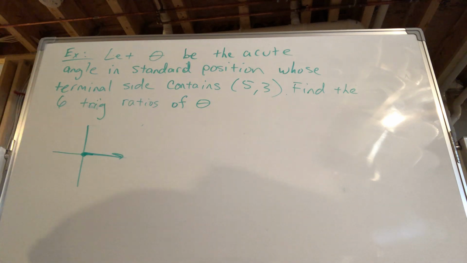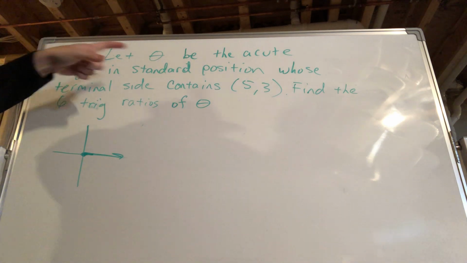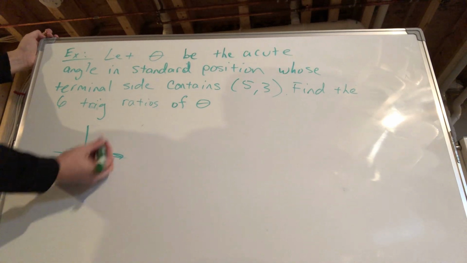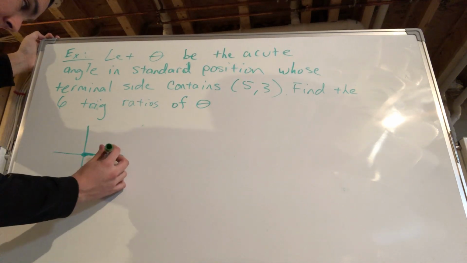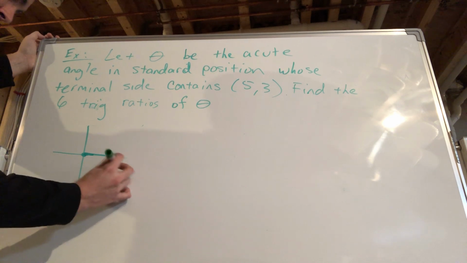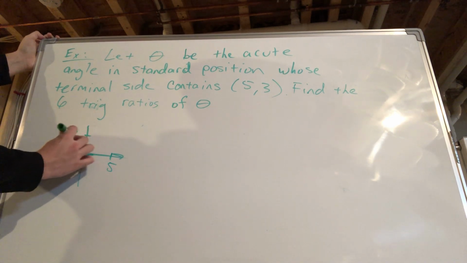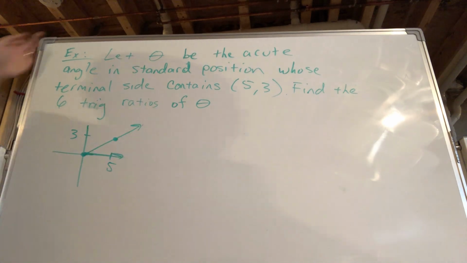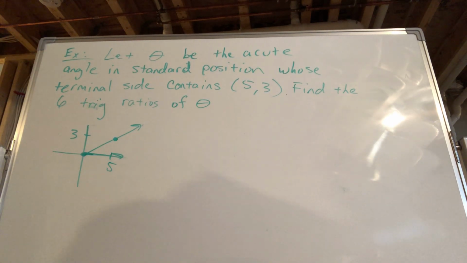Now, I also know my initial side is right here, my vertex is here. I need to know where my terminal side is. So if we're talking about it has to contain the point 5,3, well, the point 5,3 is going to be somewhere in the first quadrant. That means you go over 5 and let's just say up 3. So this right here would be my terminal side. It's going to contain that point. Okay. So what we can do from here, if we want to find the 6 trig ratios, what we've done in the past is we've had to have a right triangle.